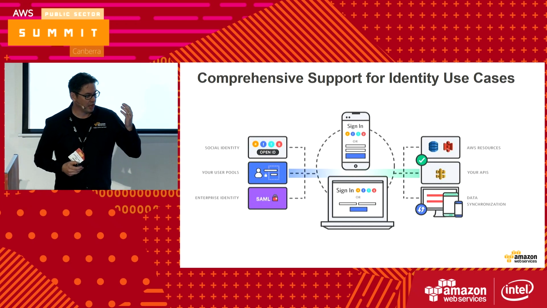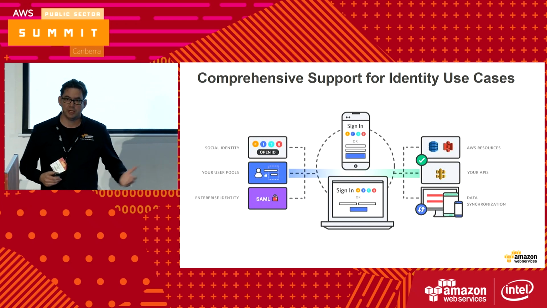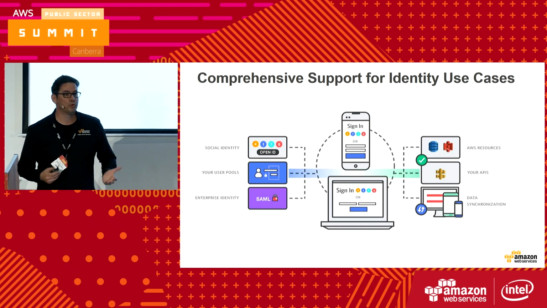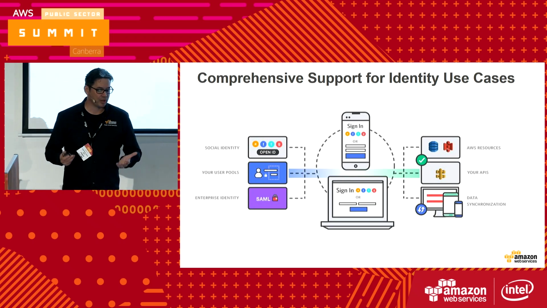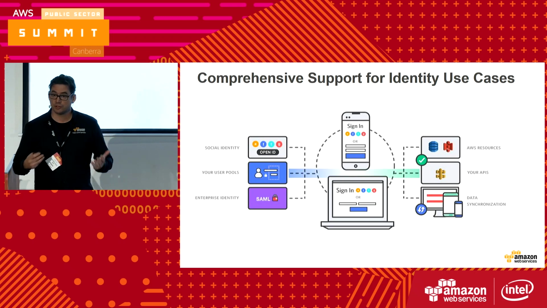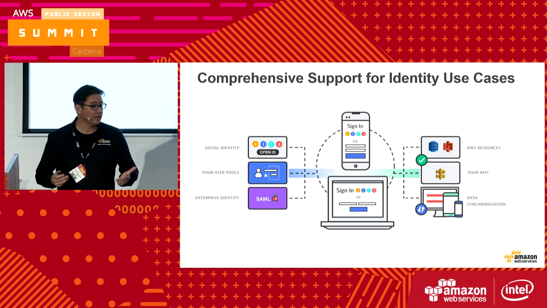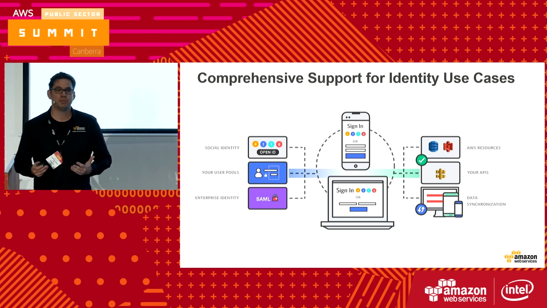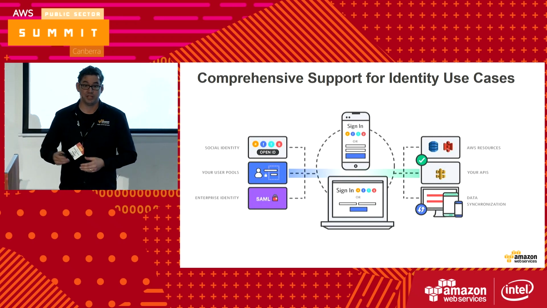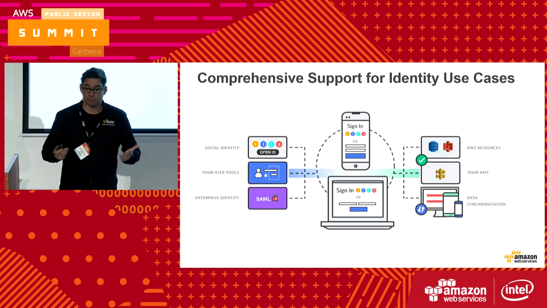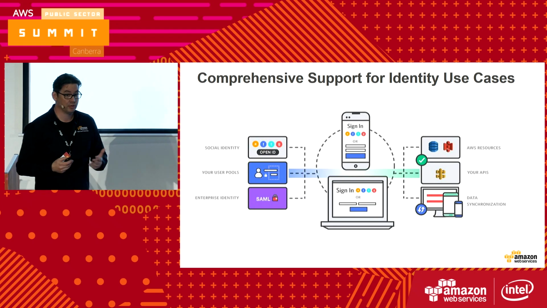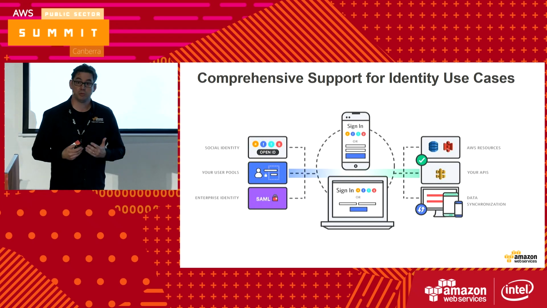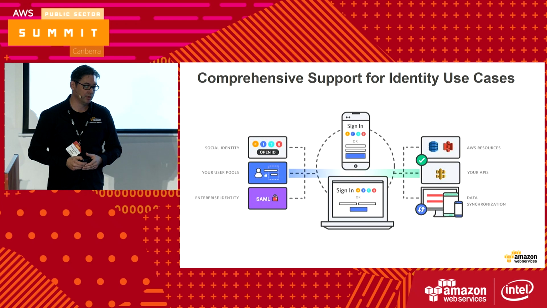You can use any combination of social media, your own user pools, or corporate identities within your mobile and web applications to access any number of resources, secure your APIs, as well as synchronize data between devices for each user. We often have more than one device, and that typically is something that's really hard to do. Cognito provides you with that capability.